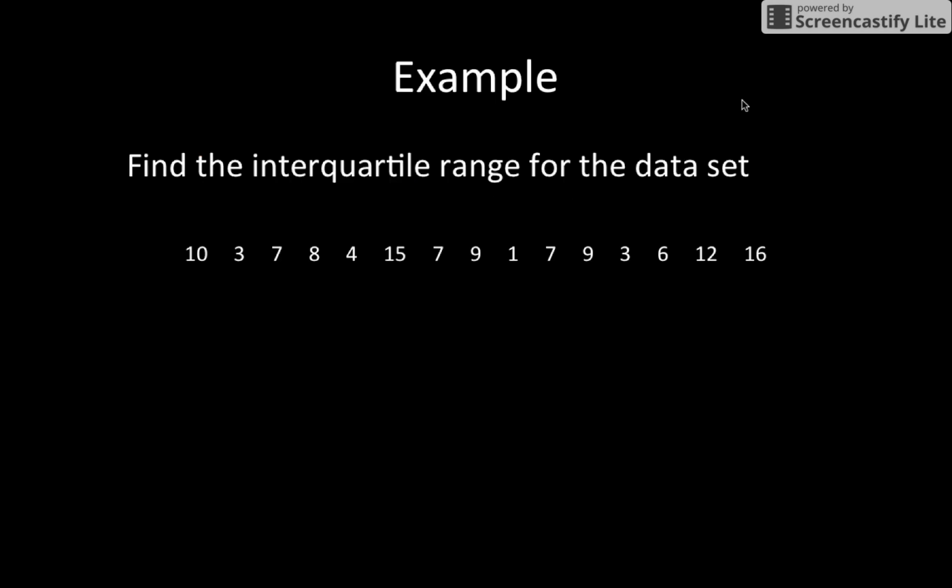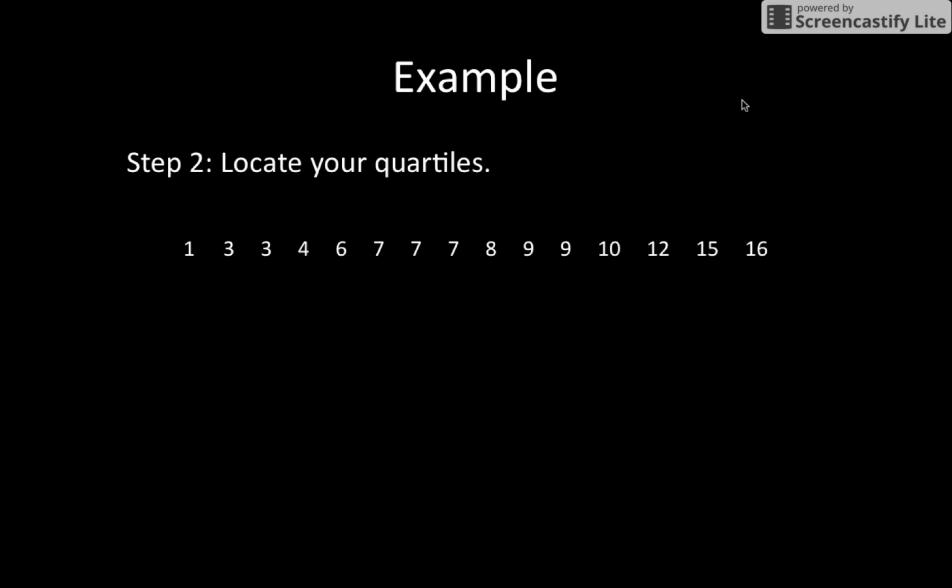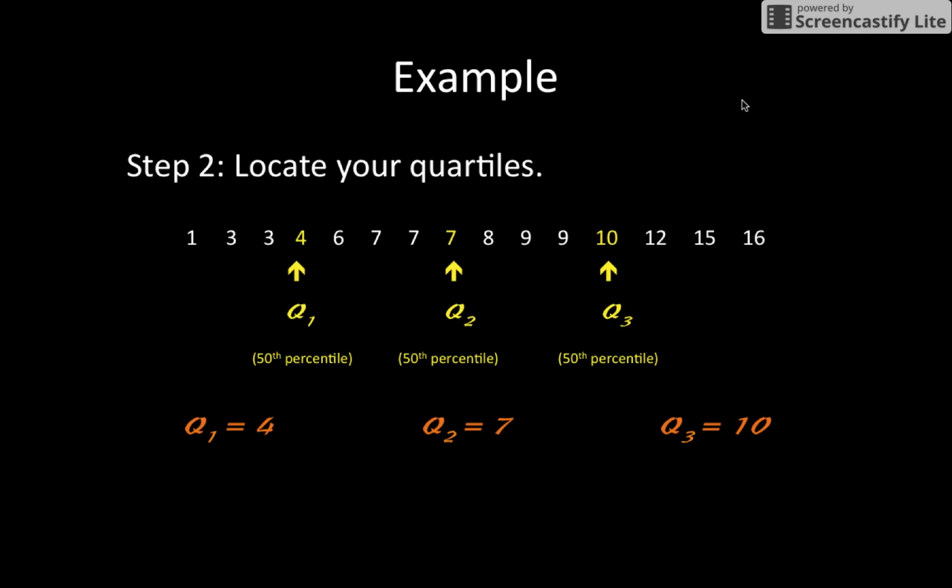I use the same example that I used for the first one to find the interquartile range. Step 1, once again, is to put them in order from lowest to highest, and then locate your quartiles, which we also did in example 1.